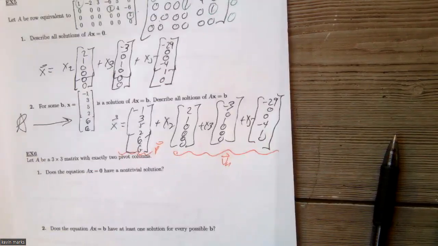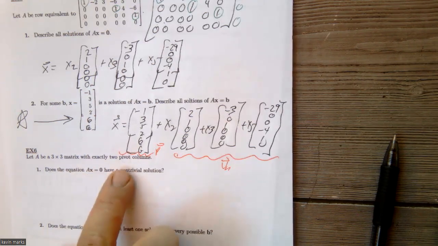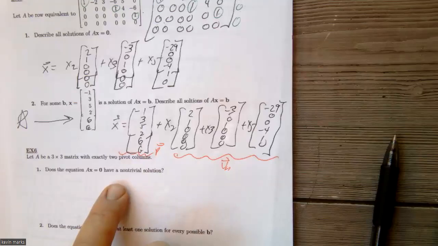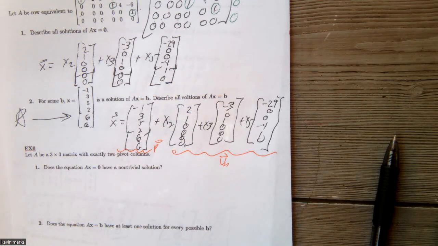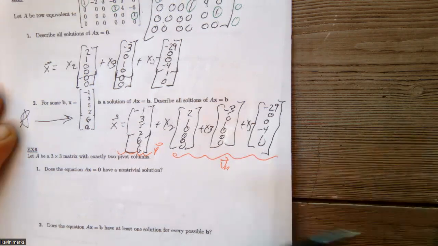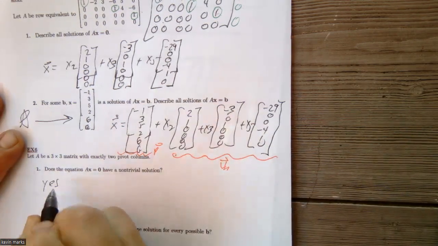All right. So logically, let's think through some of these. Let's say I don't give you an A, but can we think through these things? Let A be a 3x3 matrix with exactly 2 pivot columns. Does the equation Ax equals 0 have a non-trivial solution? What do you think? The answer is yes. It would have to have a non-trivial solution.